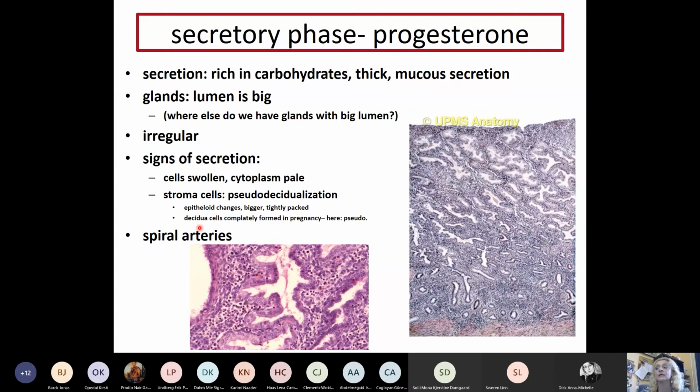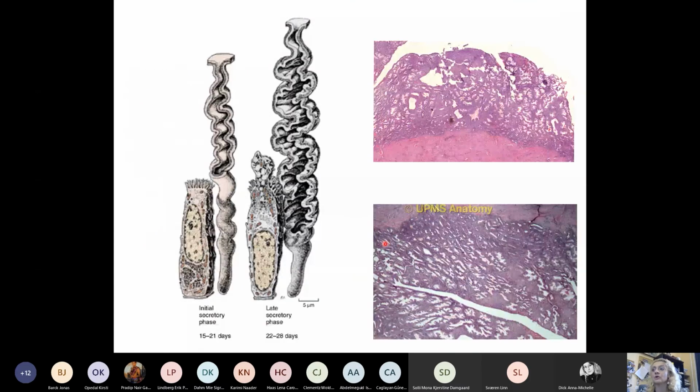They also store glycogen and lipids, and the spiral arteries form as well. I'll show you some more pictures. This is what it looks like. So it looks completely different. At the end, I will show you also a comparison between the different stages of the uterus. So here you can see this really big lumen, very irregular, as if it was torn, very irregular shaped glands.